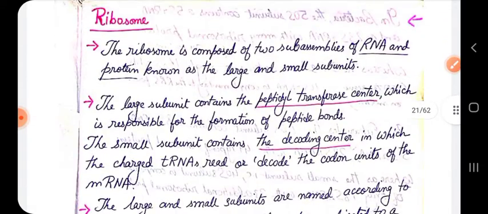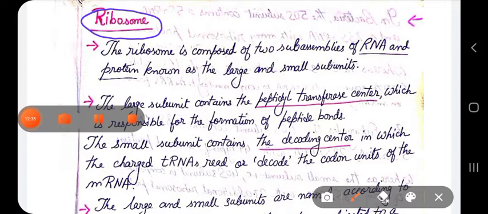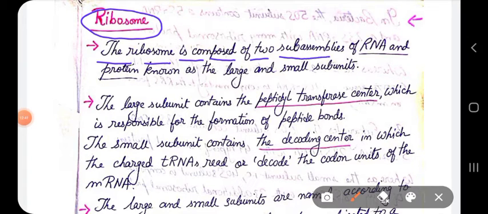Okay, next I am going to teach you about the ribosome. So about the ribosome, let us see. The ribosome is composed of two sub-assemblies of RNA and protein known as the large and small ribosomal subunit.